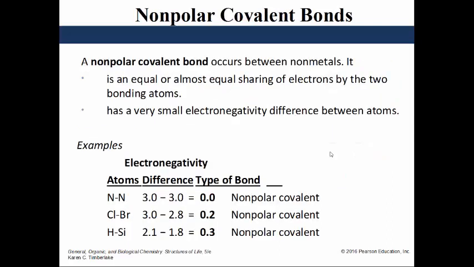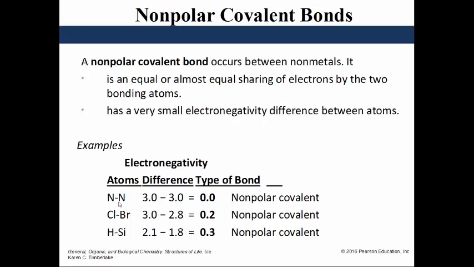Alright, now we'll talk about some different types of covalent bonds. A nonpolar covalent bond will occur between nonmetals, and is either going to be equal or very, very close to equaling the sharing of electrons. So there's a very, very small difference in electronegativity. Here are some common examples. Nitrogen is another example of a diatomic element. There are 2 nitrogens whenever it's found naturally.